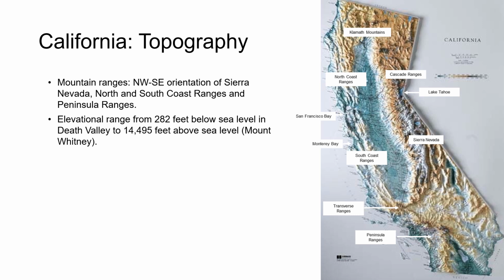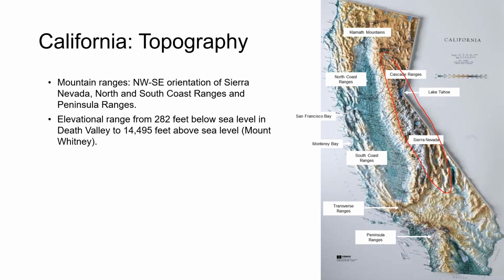This relief map of California illustrates the main products of millions of years of tectonic activity, which of course is still happening. Running roughly north to south along the eastern edge of the state are the Sierra Nevada and the Cascade Ranges. Running parallel to the Sierra Nevada but close to the coast are the Coast Ranges.